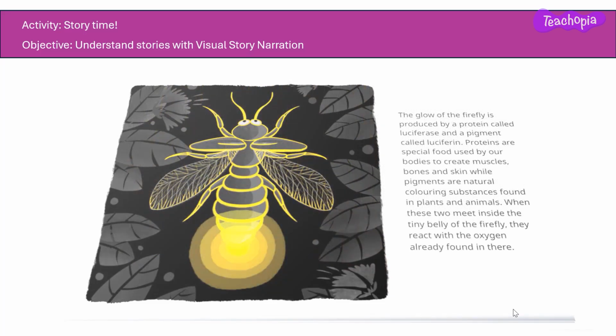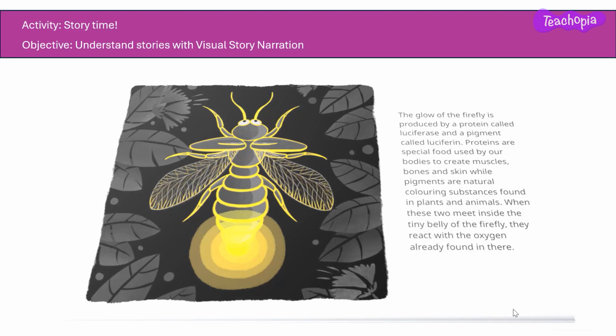The glow of the firefly is produced by a protein called luciferase and a pigment called luciferin. Proteins are special food used by our bodies to create muscles, bones, and skin, while pigments are natural coloring substances found in plants and animals.